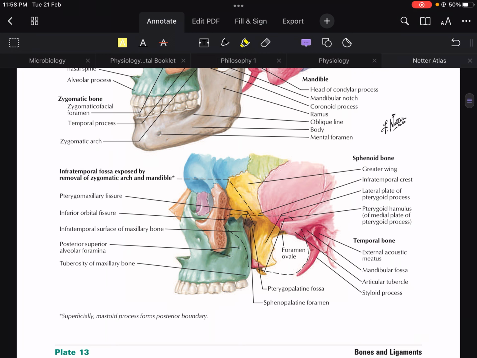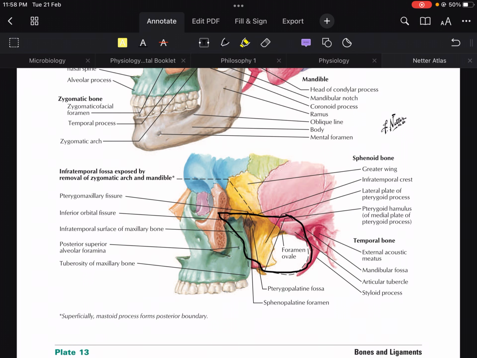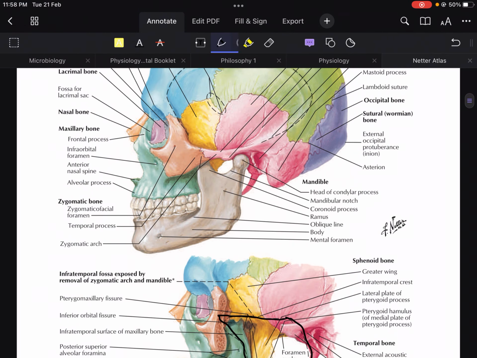Another part that is very important for dentistry students is the infratemporal fossa. The infratemporal fossa is this part. It's very important, and to reach this part, we need to remove two parts: the zygomatic arch and the mandible.